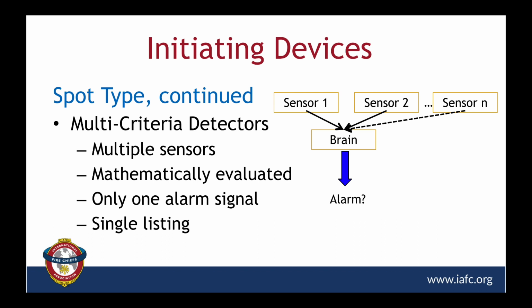Now, a multi-criteria smoke detector contains multiple sensors that separately respond to physical stimuli such as smoke, heat, fire, or gases from a fire. Now, the output signals from these various sensors are mathematically evaluated by a microprocessor, and that is to determine when an alarm signal is valid.